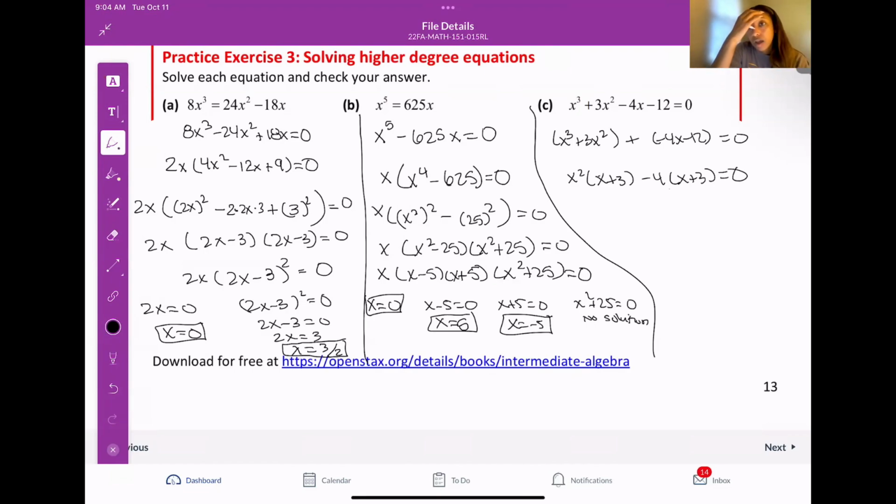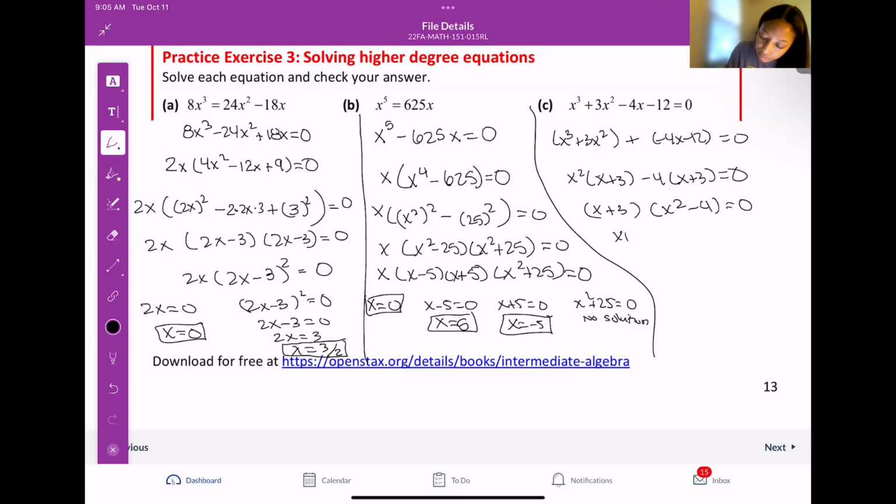All right, then from here, factoring by grouping, we can factor out the x plus 3, and we're left with x plus 3 times x squared minus 4 equals 0. And it almost feels like we're done, but wait, there's more. x squared minus 4 is a difference of squares.